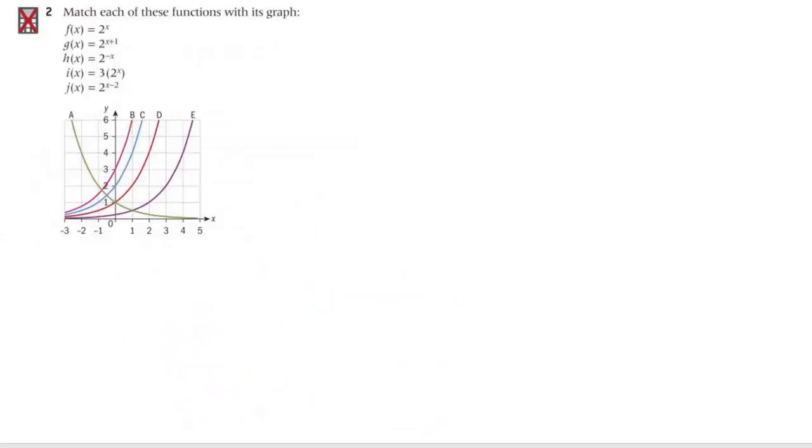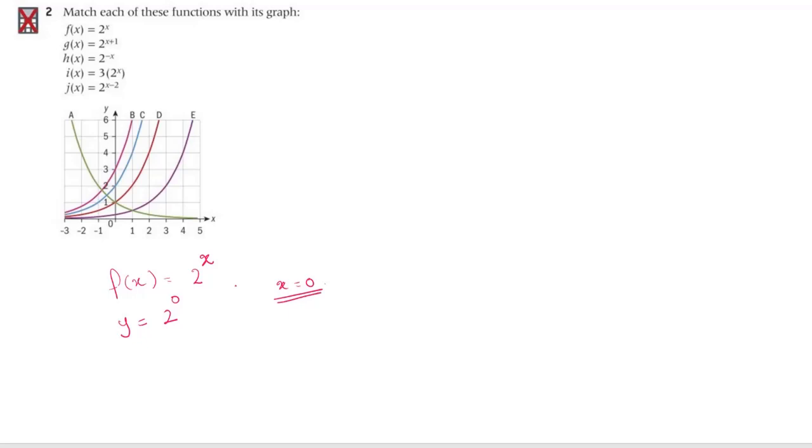Match each of these functions with its graph. f of x is equal to 2 to the power x. How do we know which graph it represents? Okay, let's see. You have to check by putting 1 point, y is equal to 2 to the power 0, where x is equal to 0.